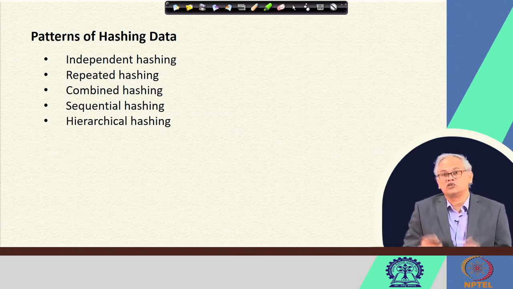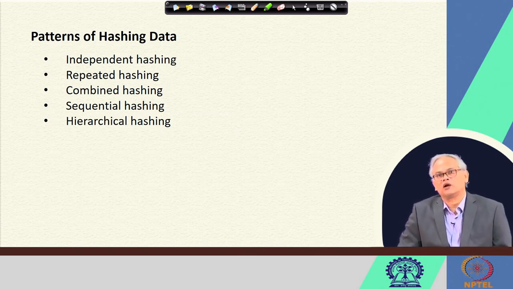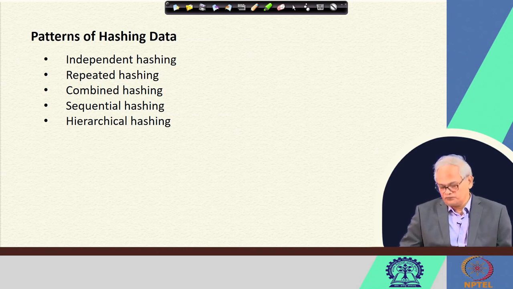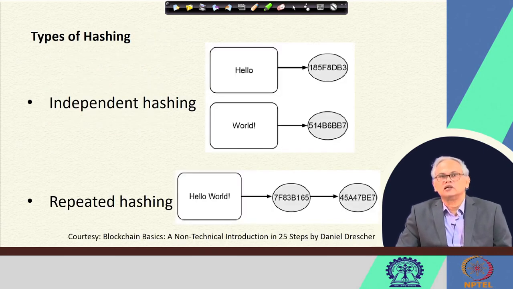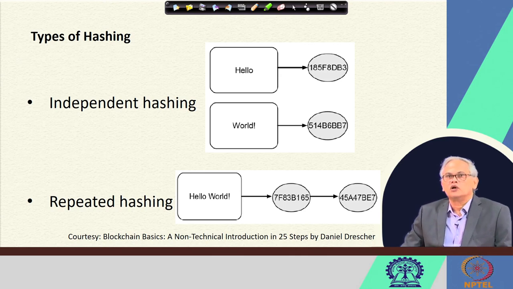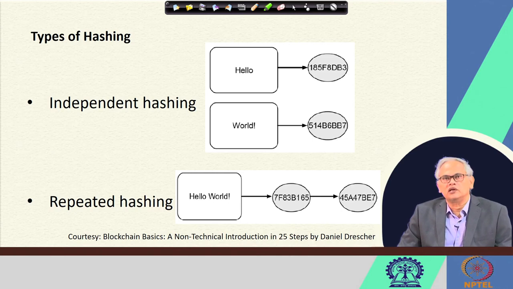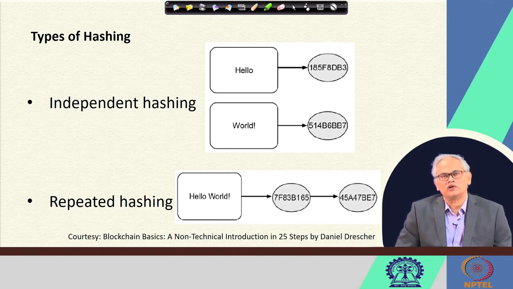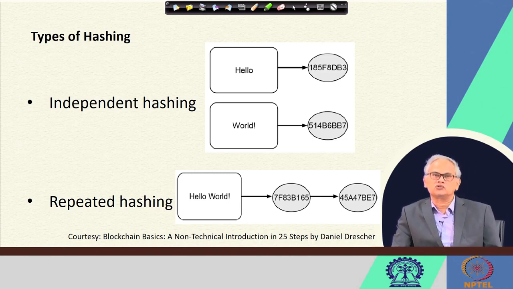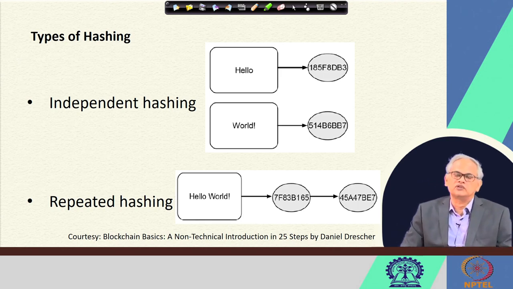Of course, you can also think of other ways of combining hashes of data. You are welcome to think about others beyond these 5 types that we discuss here. These examples and diagrams are available in the book that we referred to in our last lecture, and are also listed in the references for this lecture.